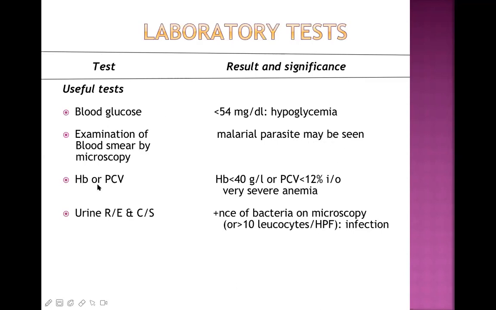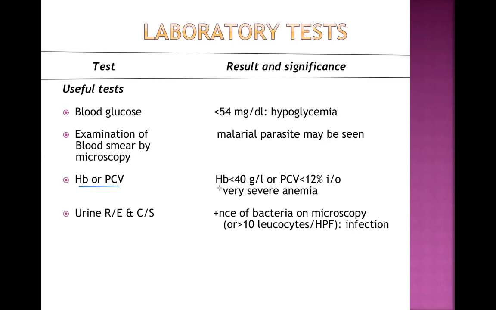Another one is hemoglobin or PCV. What is the full form of PCV? Packed cell volume. Very good. Packed cell volume is also known as hematocrit. Only the RBC mass, that is packed cell volume.